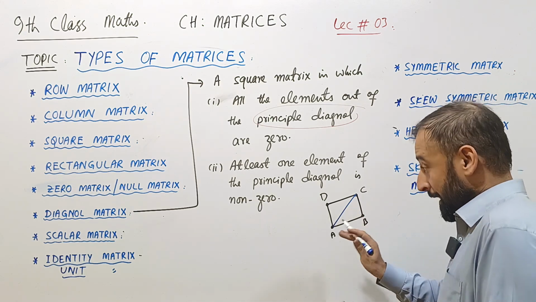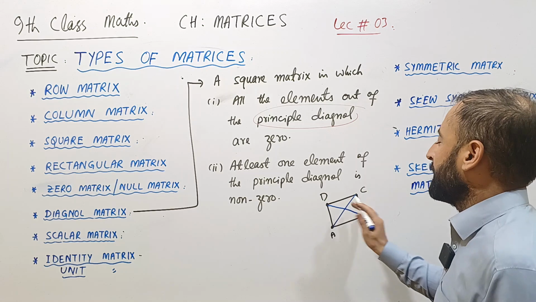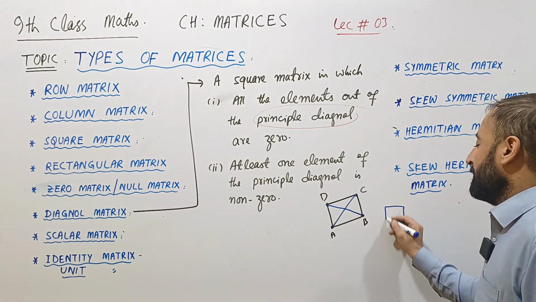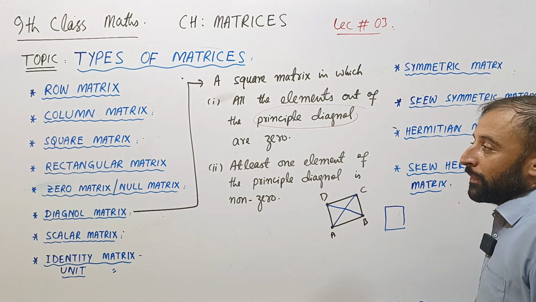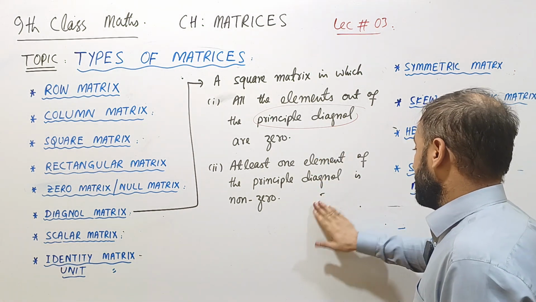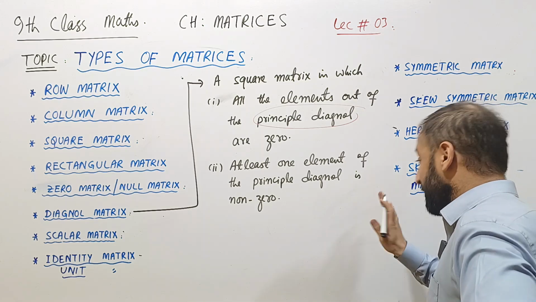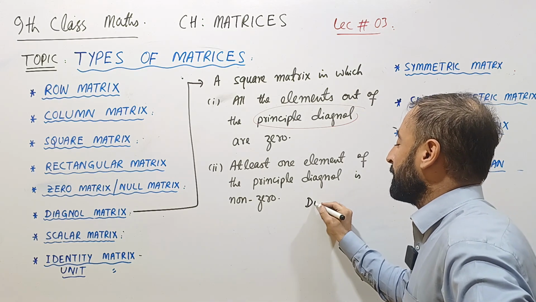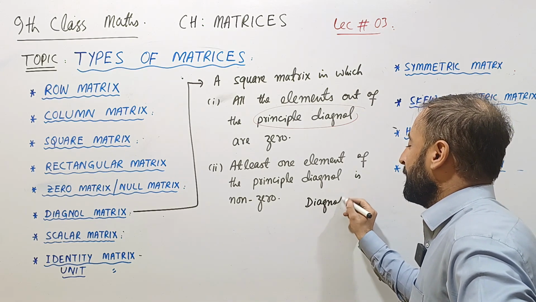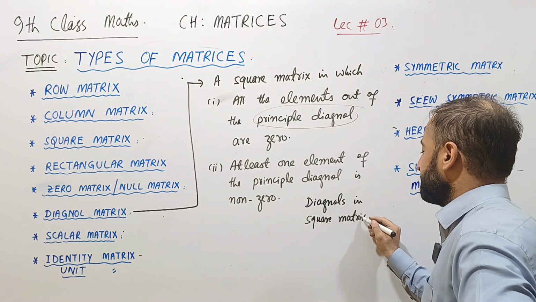The diagonal in general life can be made in a square as well as in a rectangle. But diagonals in matrices exist in square matrices only.